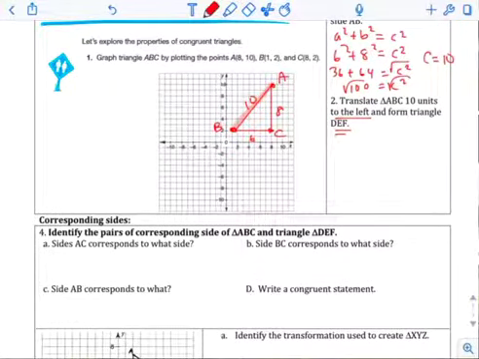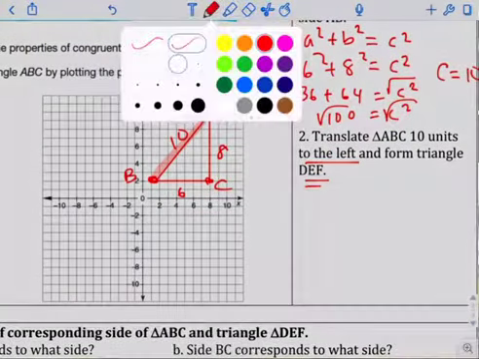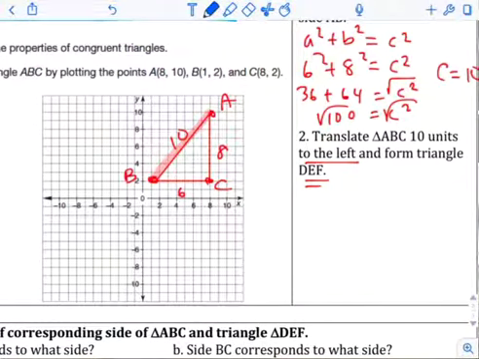Identify the pair of corresponding sides in triangle ABC and triangle DEF. Okay, DEF. We need to do DEF. Jeez Louise. DEF. 10 units to the left. So count 10. It's 8, 10 right there.